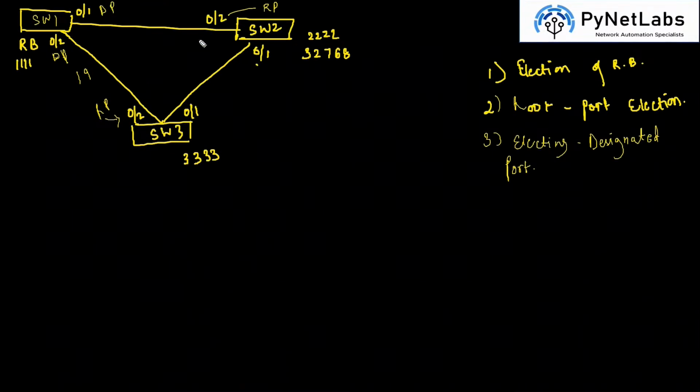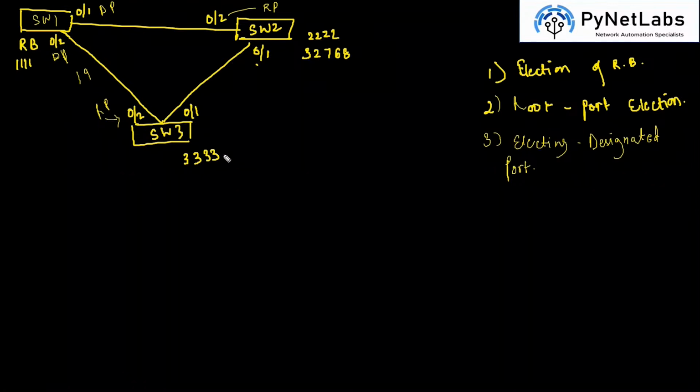Now, if we talk about the remaining ones, we have FA0/1 and FA0/1 on both of the ends, right? The FA0/2 of switch 2 and FA0/2 of switch 3 are already root ports, right? Now, out of these remaining ports, the port connecting to the lowest MAC address will be considered as designated port.